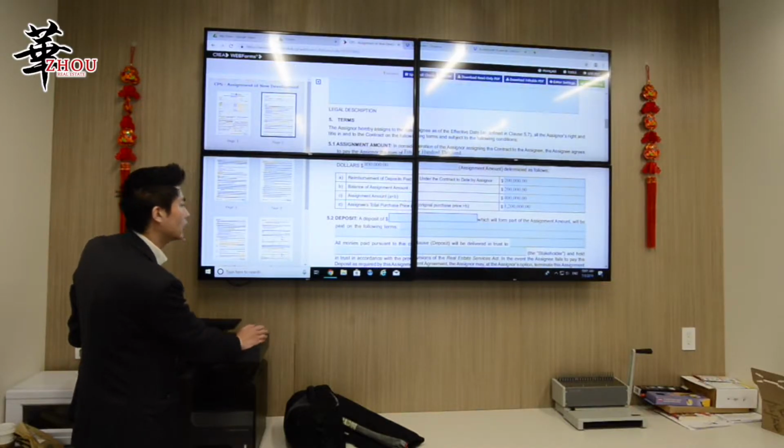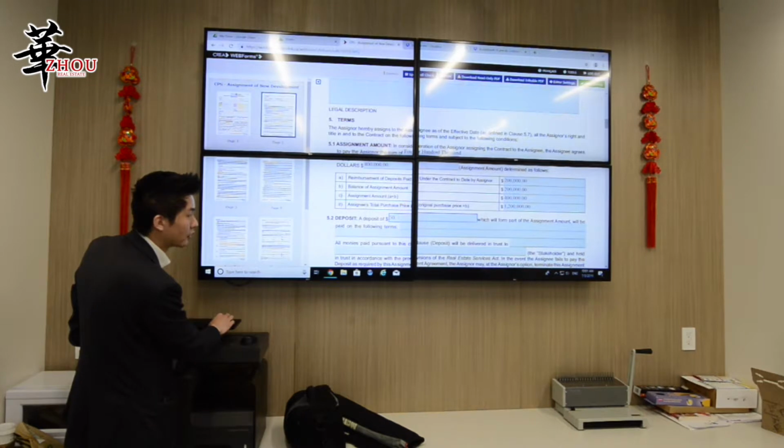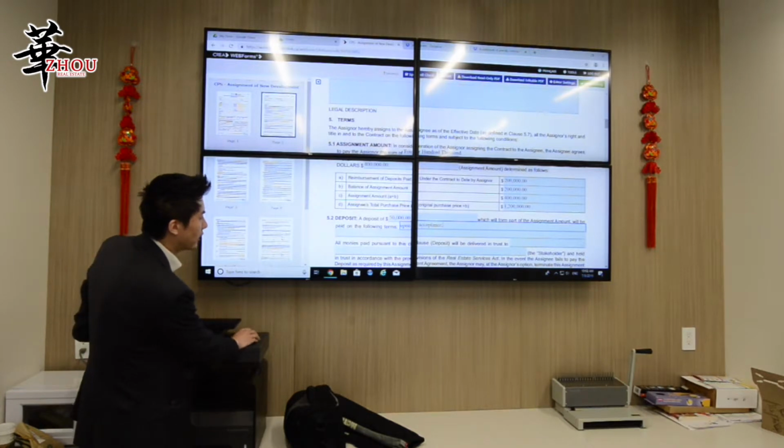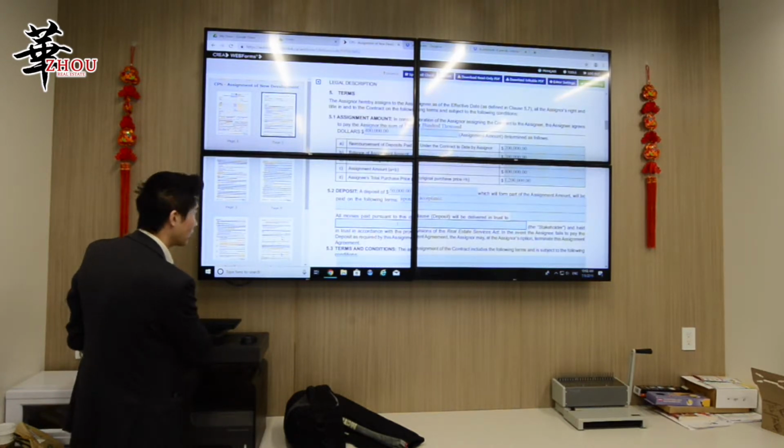Deposit. Normally, deposit we can put 5%. For example, 5% of that 1 million is $50,000. We can just put 50,000, and then upon acceptance, so on the acceptance date, they will pay this money into your trust account.